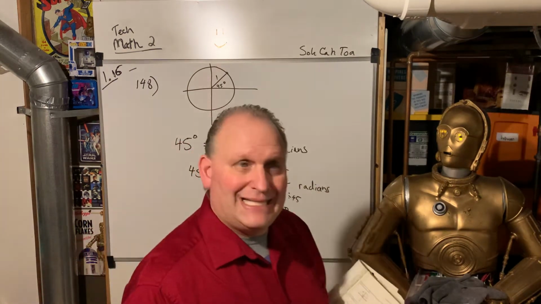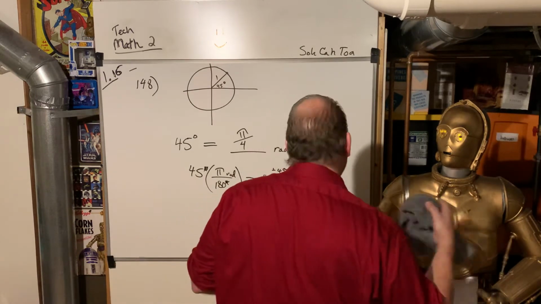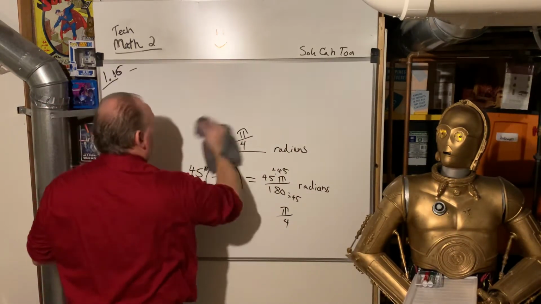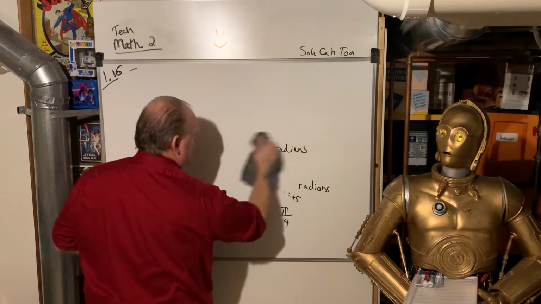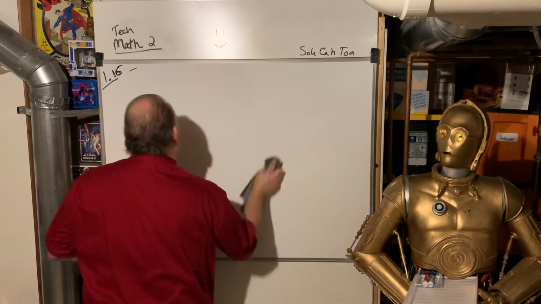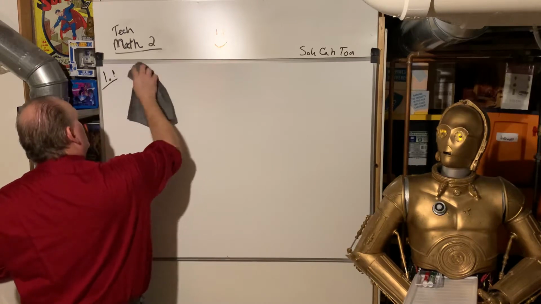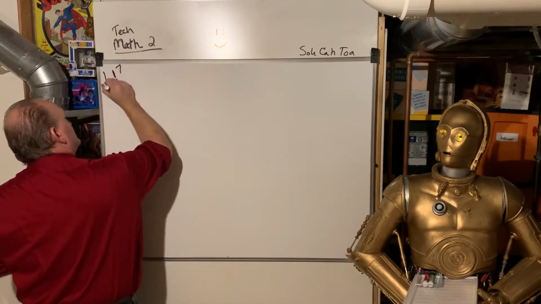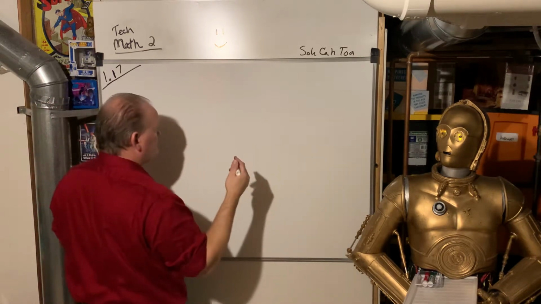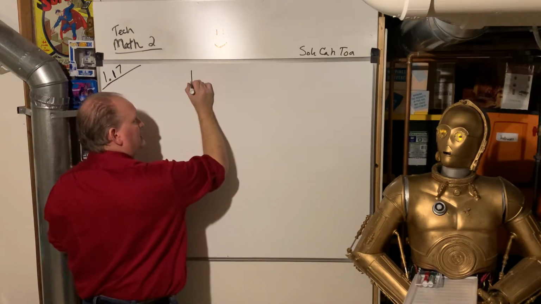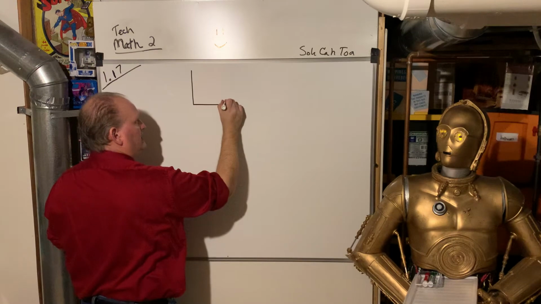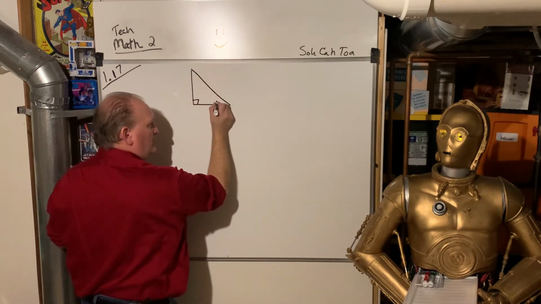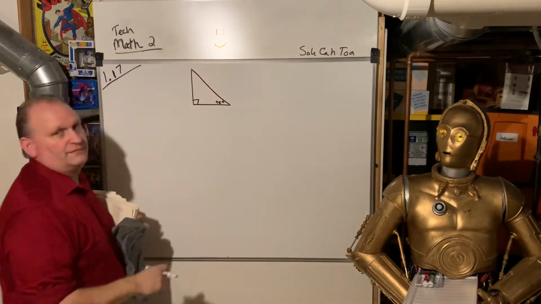The very basic structure of right triangles, there's two kind of famous right triangles, 45, 45, 90, and 30, 60, 90 triangles. So first let's examine a 45, 45, 90. So if I have a right triangle, and I know that's 90 degrees. And I know this is 45 degrees.